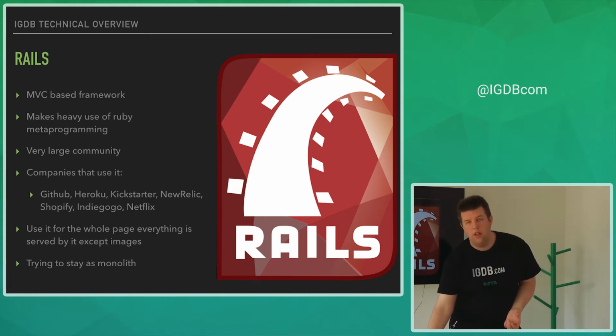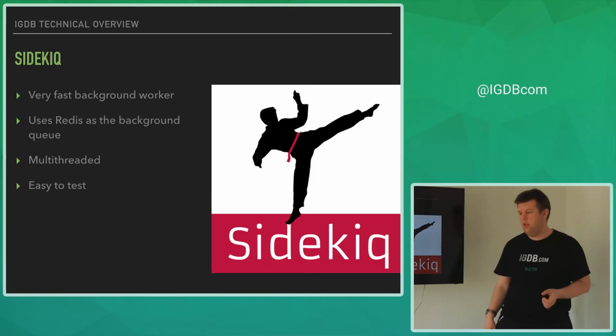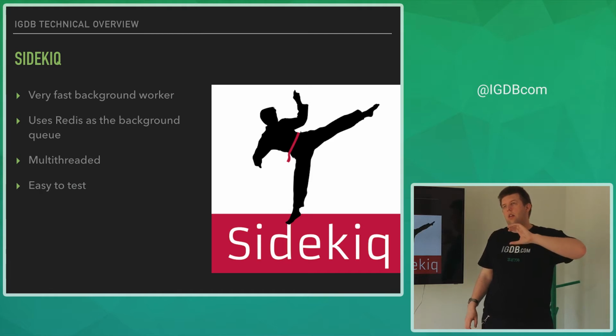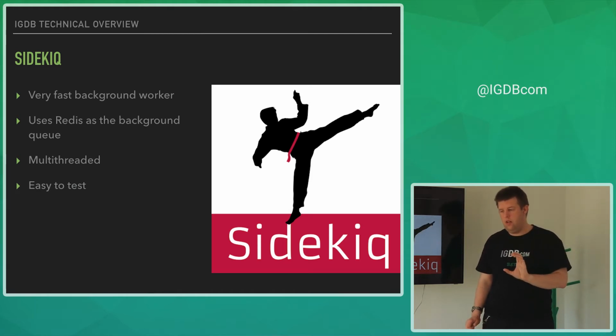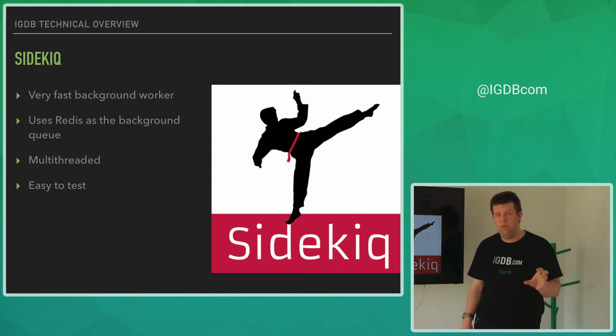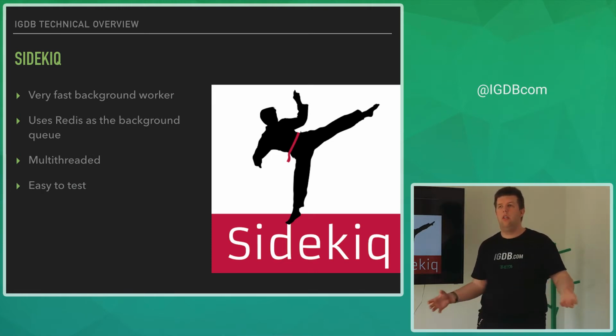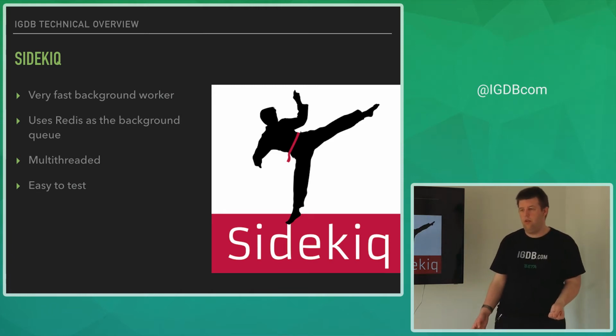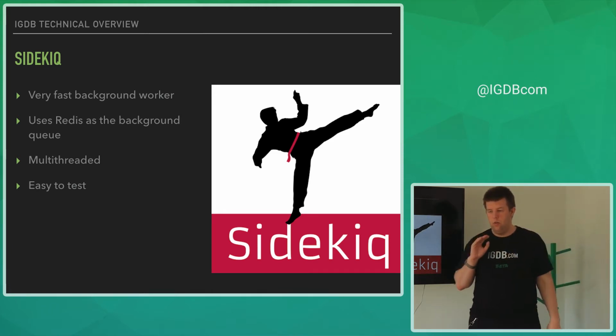So therefore, we only use Rails as a monolithic application, even though we are planning on moving onto a more decentralized type of architecture further on.